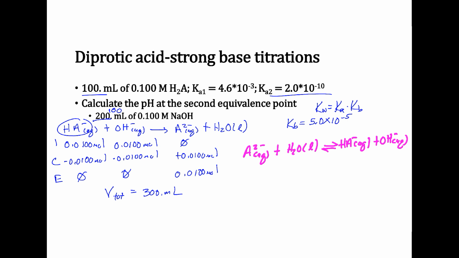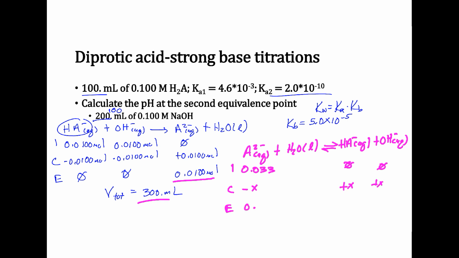So we can calculate the concentration of A2 minus from these moles and then convert our volume to liters. So we're at 0.033, no conjugate acid, no hydroxide. So the change is minus x, plus x.